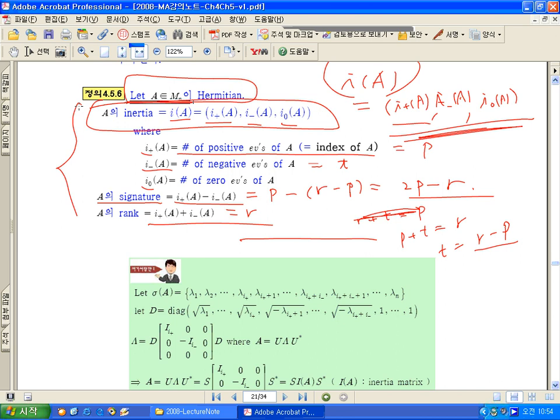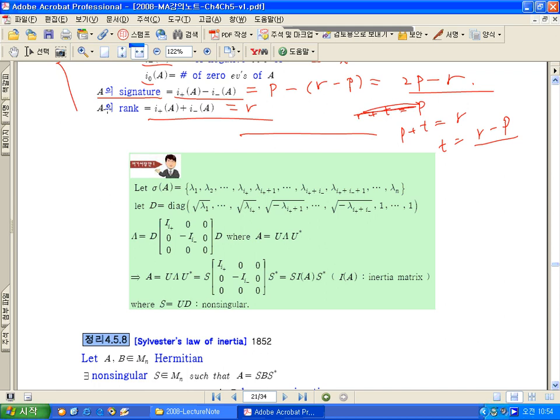The vector of three numbers. Very important. Inertia. Okay?